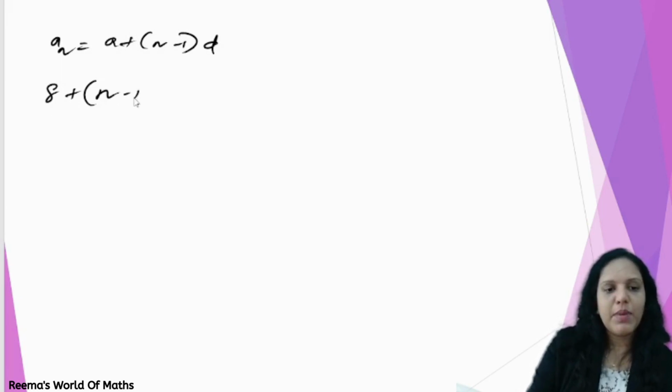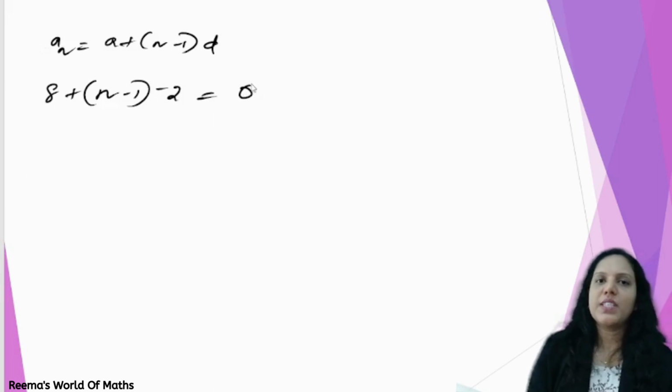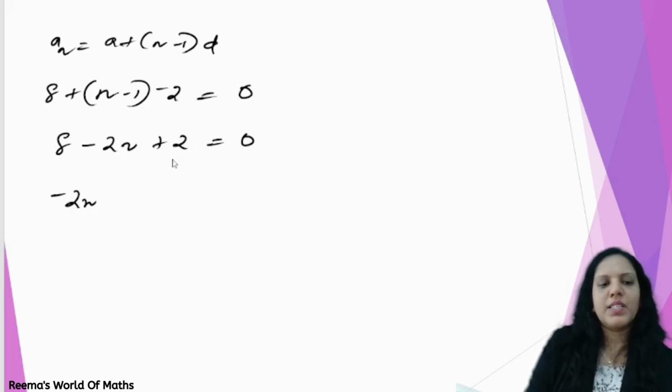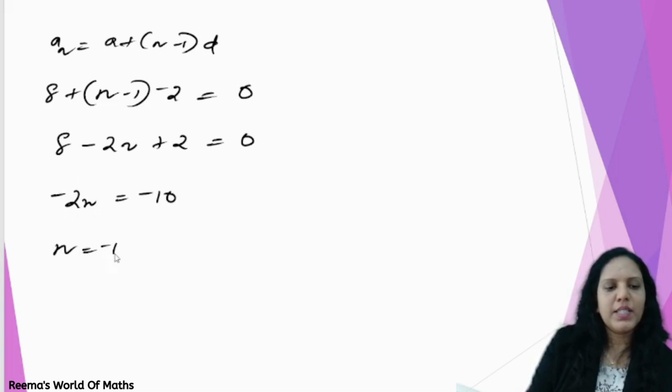So that is n minus 1 into D. The common difference we found is minus 2, and this equals 0. So that will be 8 plus minus 2n plus 2 equals 0. Correct? So that is, keep minus 2n equals minus 10. N equals minus 10 by minus 2 equals 5.